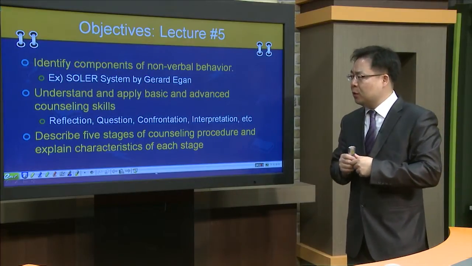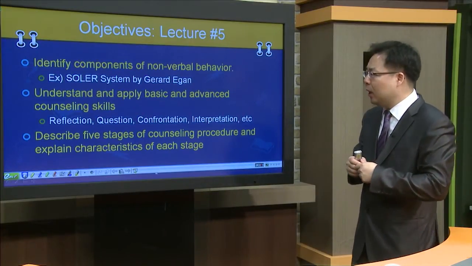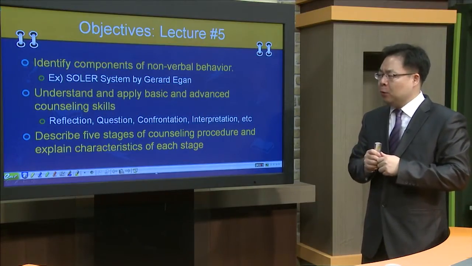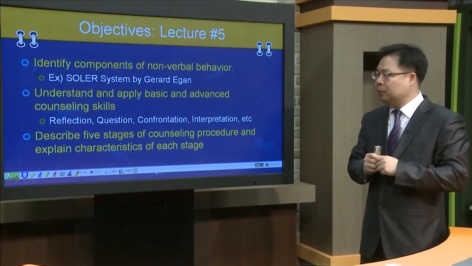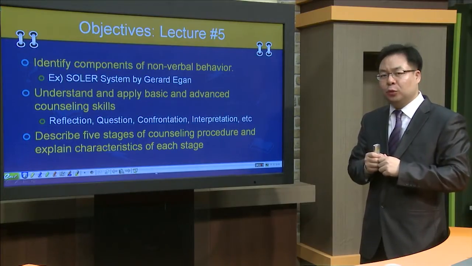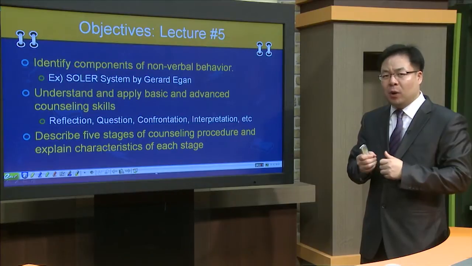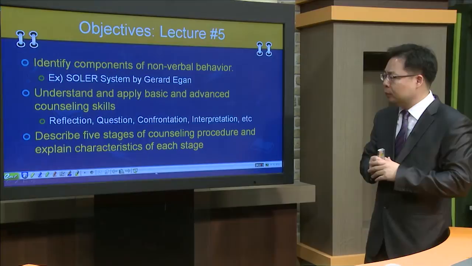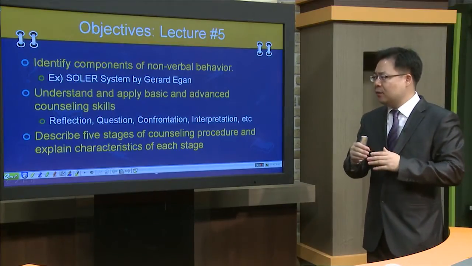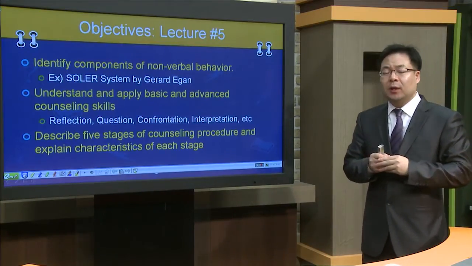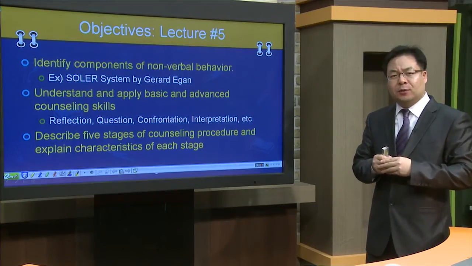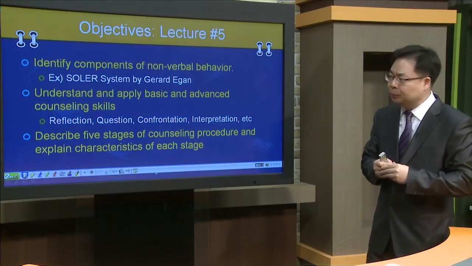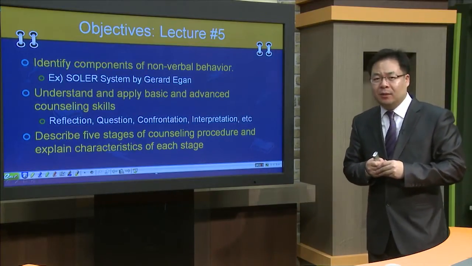So we will talk about some basic skills such as reflection and questioning, summarizing and paraphrasing. And also we want to learn some advanced skills such as confrontation, interpretation, silence use, and some other related advanced skills as well. So that will be the second objective for today.